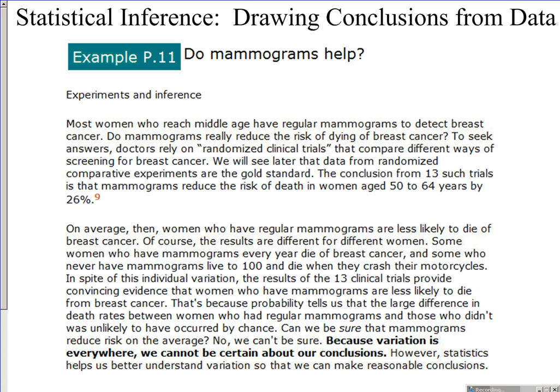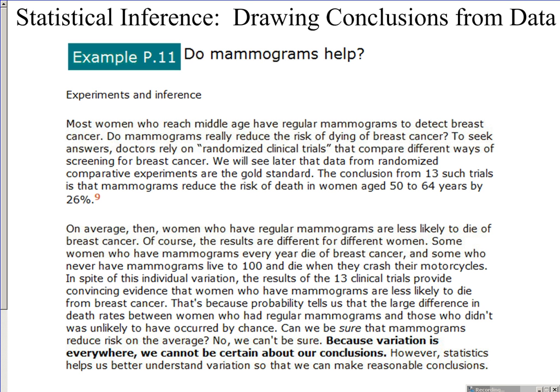Statistical inference, which is the most interesting part of the class, is drawing conclusions from a data set. And here's an example of things that we will be doing. Experiments and inference. Most women who reach middle age have regular mammograms to detect breast cancer. Do mammograms really reduce the risk of dying of breast cancer?